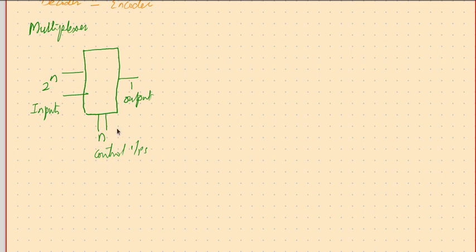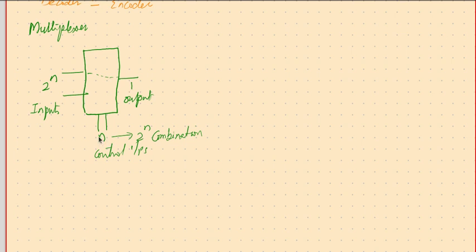So the working is, when we have n inputs as control, these n bits can have 2 to the power n combinations. For each combination applied here, one of these 2 to the power n inputs gets connected to the output.